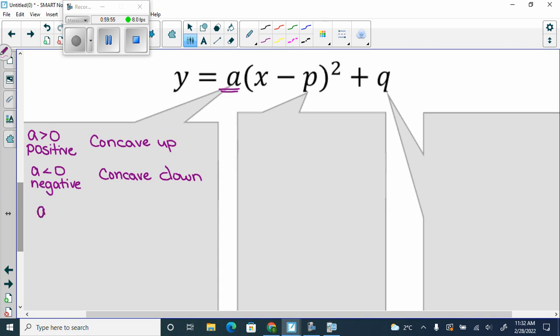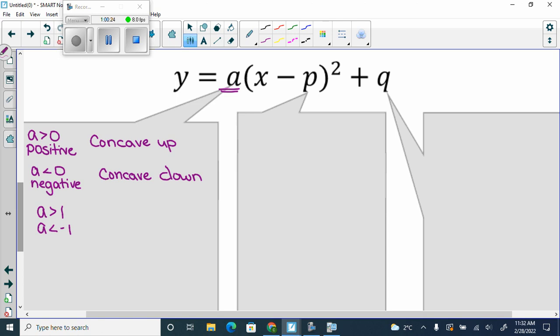If A is greater than 1, technically we can also say if A is less than -1. Why would we say that? Less than -1 is like -2, -3, -4. Does the negative actually do anything to making it wider or narrower? No. It's actually just the number.